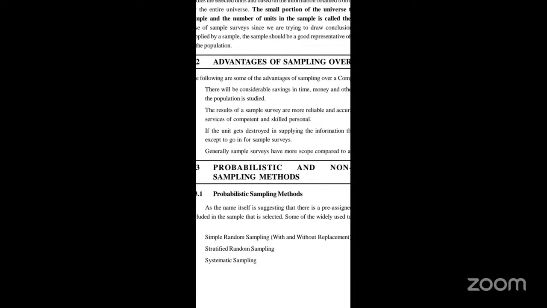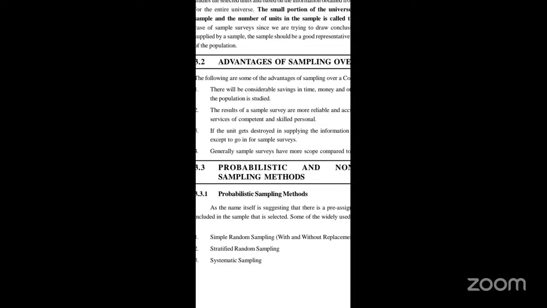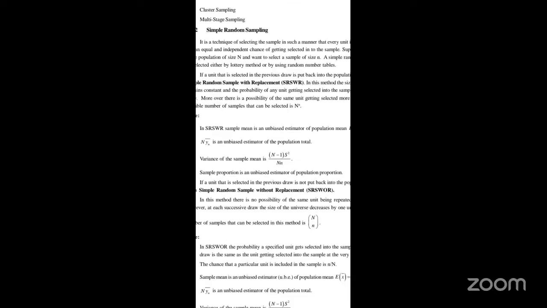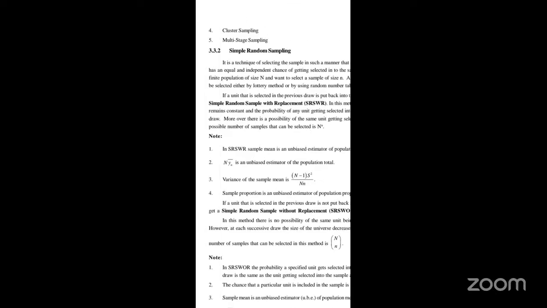Probabilistic and non-probabilistic sampling methods. Probabilistic methods are simple random sampling, stratified random sampling, and systematic sampling. Cluster sampling and multi-stage sampling are also in this group. So these are the probabilistic samplings. And what are the non-probabilistic sampling methods?